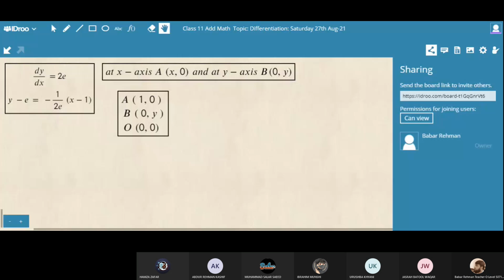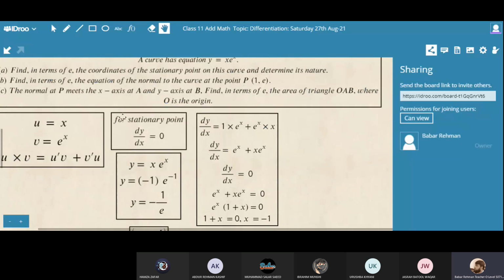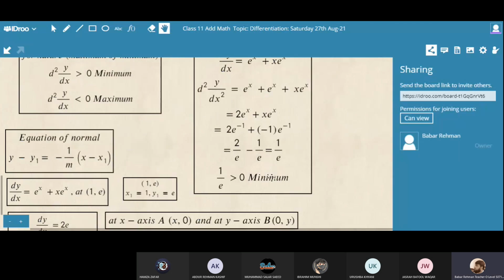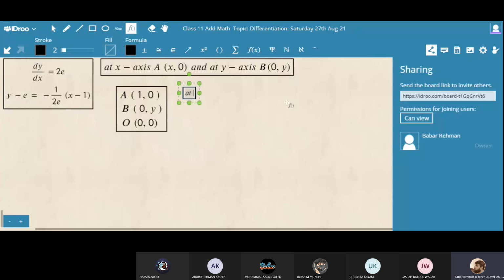And remember this one also. Read this question very carefully. The normal at P meets the x-axis. So please note down one point over here: at P, 1, e. A normal which is passing through point 1, e.